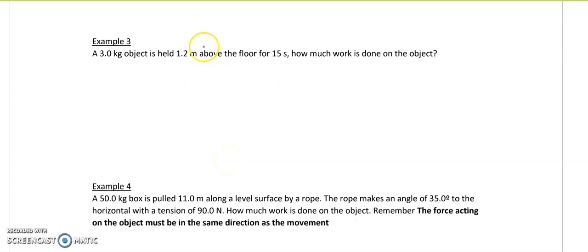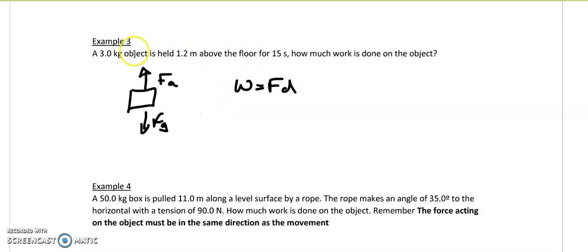Taking a look at our third example, we've got a 3 kilogram object that is held 1.2 meters above the floor for 15 seconds. How much work is done? Well, again, we've got an object, force of gravity moving this way, and we're applying a force in the equal and opposite direction here. Thing is, though, because it is just being held there, right?